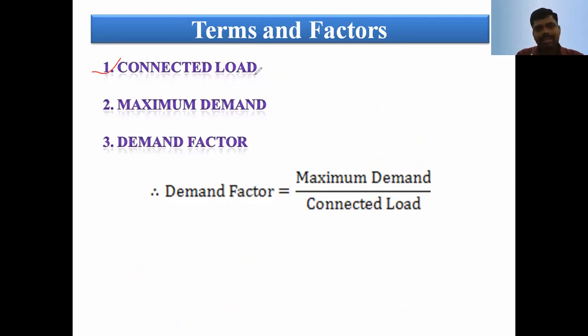Maximum demand means, on the particular power plant, how much demand is there, which we need to calculate. Demand factor is defined as the ratio of maximum demand on the power station to the connected load.